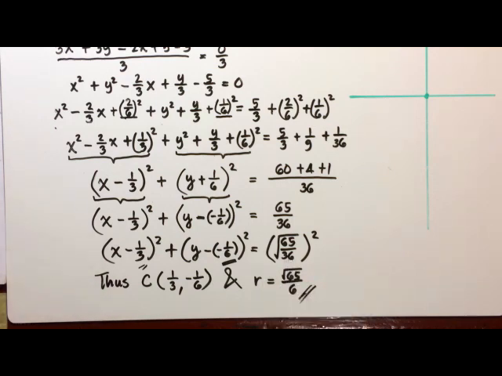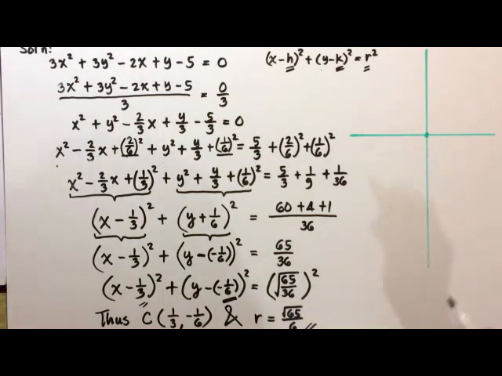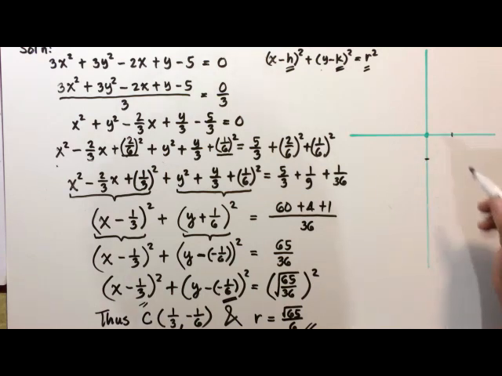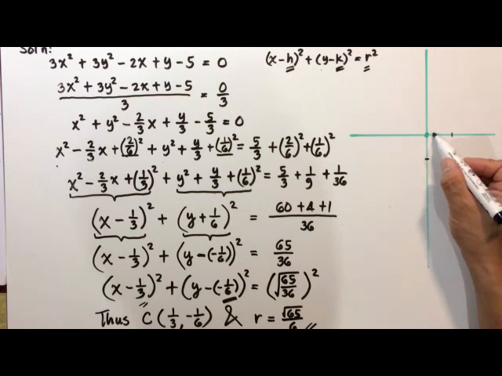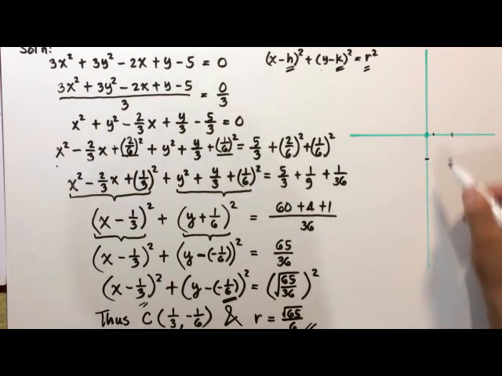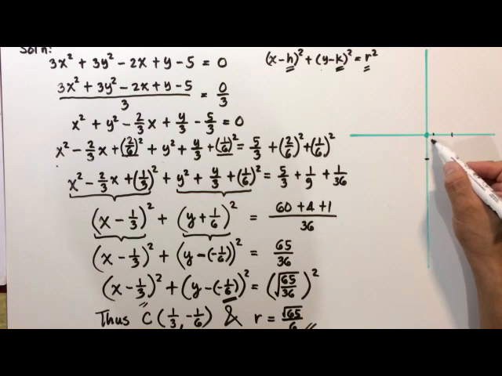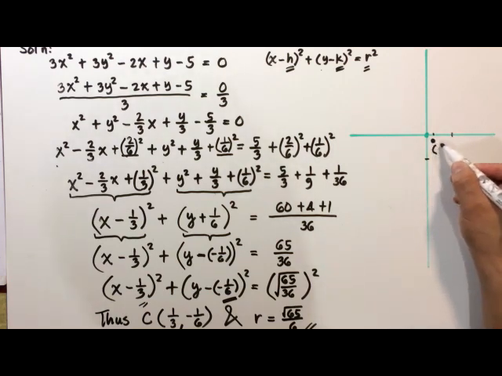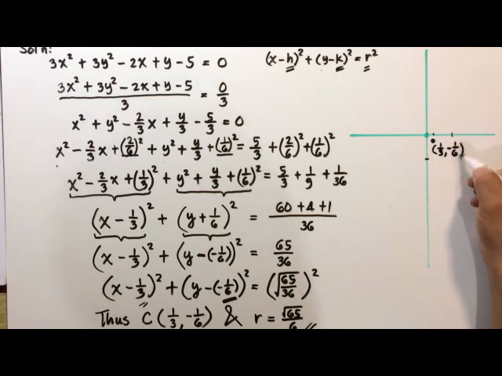And that's it. Now, if you want to see that one in a graph, take note that the center is at the point 1/3, negative 1/6. So if this is 1, and this is negative 1 on the y-axis, the x-coordinate is 1/3, so somewhere here. But the y is negative 1/6. So let's just estimate that this is the center of the circle, 1/3, negative 1/6.